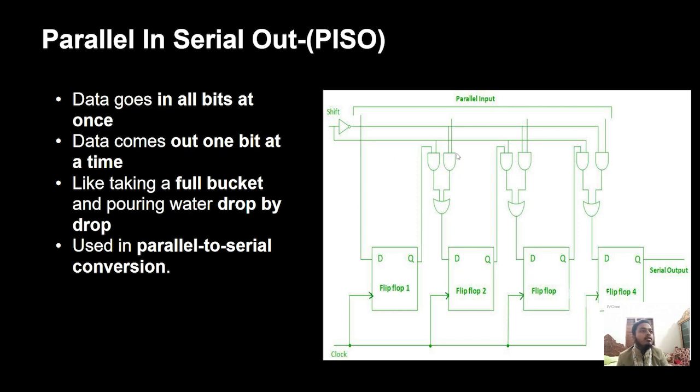This allows the register to take a full set of data instantly but send it out gradually, one bit per clock pulse. Because of this behavior, PISO registers are ideal for parallel to serial conversion, where many input bits must be transmitted through a single communication line.